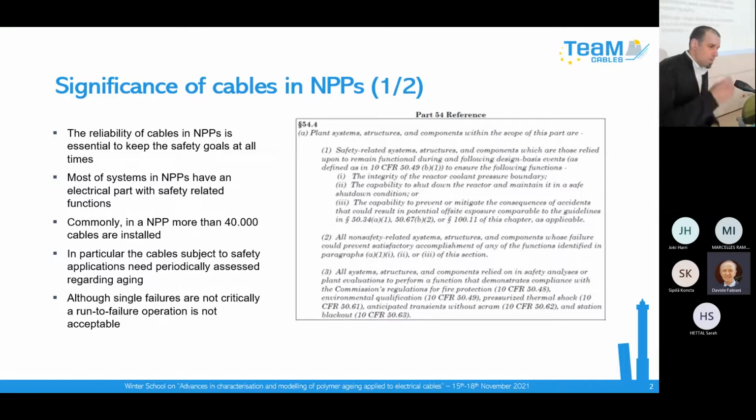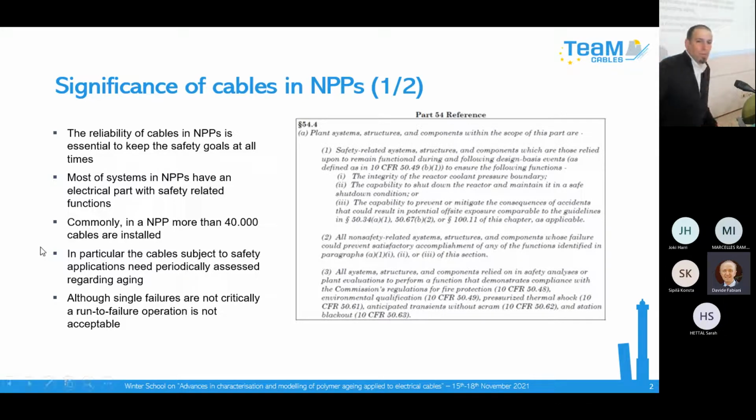When the plant was built, the design decided what is safety and what is not. But over time, the law changed and experience was gained, and therefore the plants are forced to re-evaluate their safety philosophy. And this may lead to operational systems becoming safety-related ones. So this is a big challenge here.